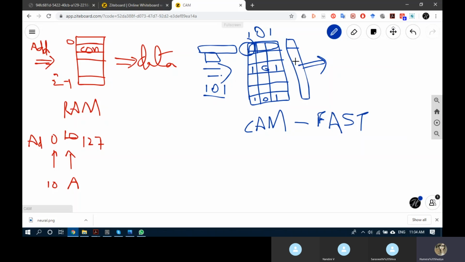Then this memory map will get 1 here and 1 at the last position, to indicate that these 2 words matched the pattern which came as input, and therefore both words will be sent out as output. This is content addressable memory.